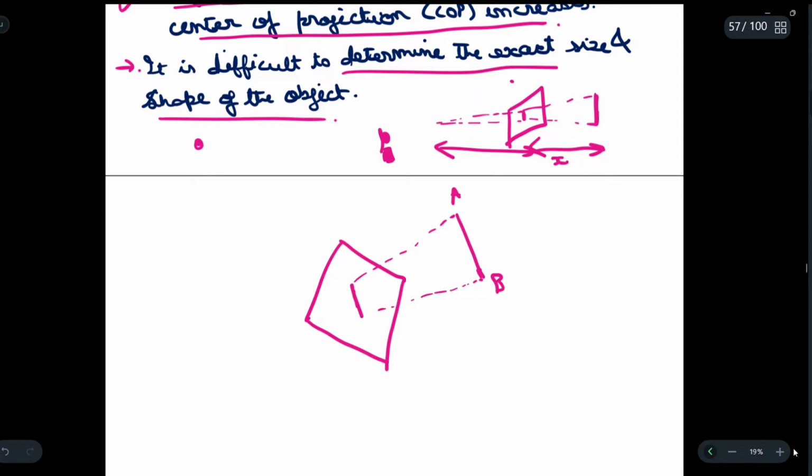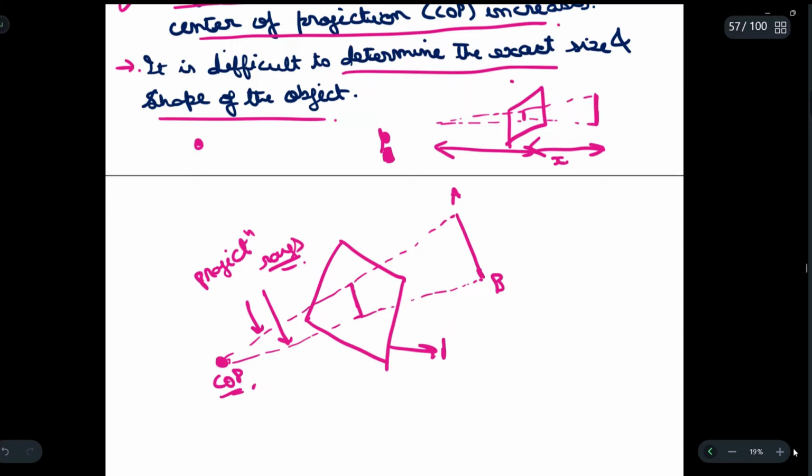Now we are going to draw convergent rays, which will meet at a finite distance, known as the COP. These are the projection rays, this is the projection plane, and these are points A dash and B dash.